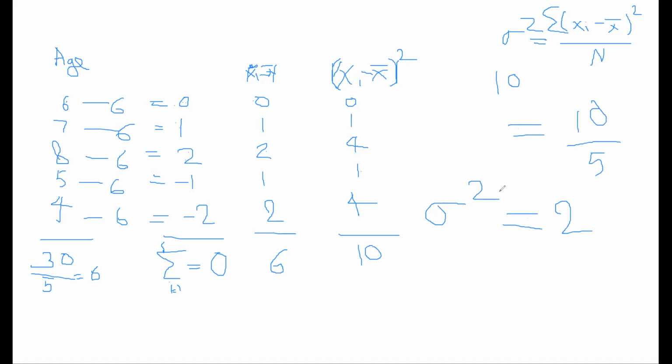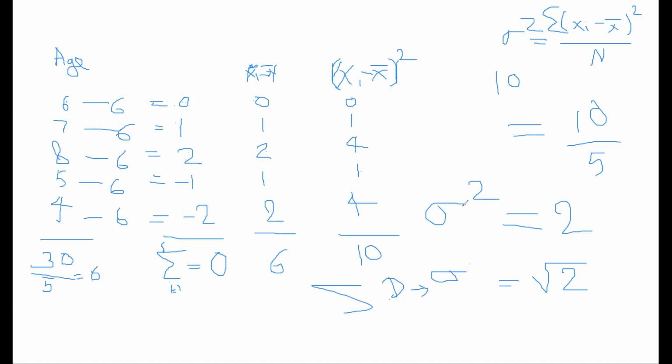Sigma square is called variance, and when you take just sigma, I remove this square and put the square root of 2 here. This is called standard deviation.